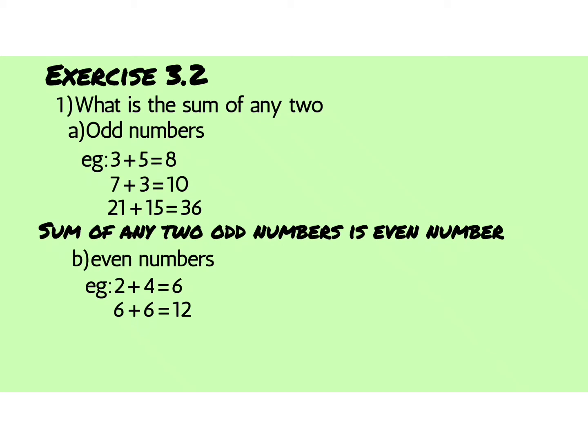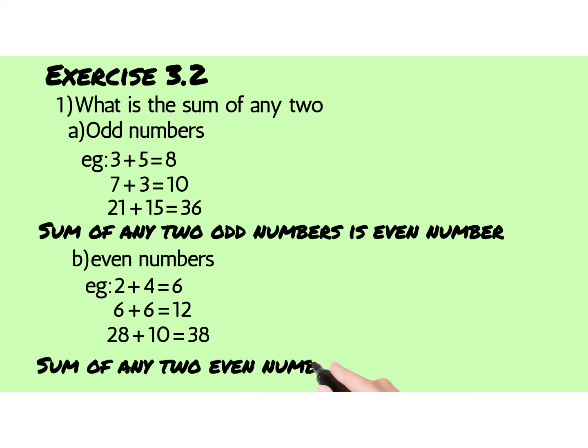Next, 28 plus 10 is equal to 38. This is also an even number. So we can say that the sum of any two even numbers is an even number. Clear?